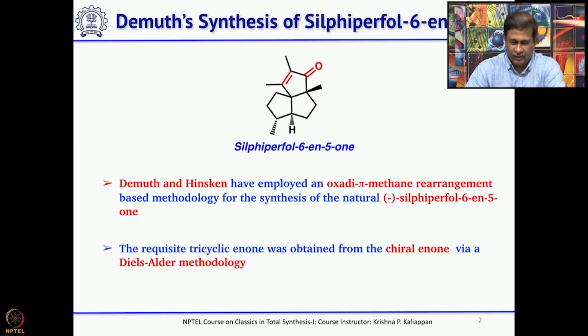Overall, though the number of steps is a little bit more, the strategy of using oxo-di-pi-methane rearrangement to get the triquinane is a unique one, and the starting material, that is the diene, which is required for the asymmetric Diels-Alder reaction, was started from chiral enone, which we will discuss.